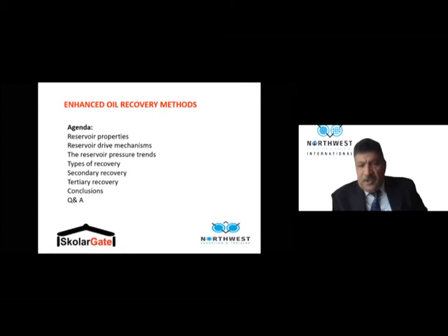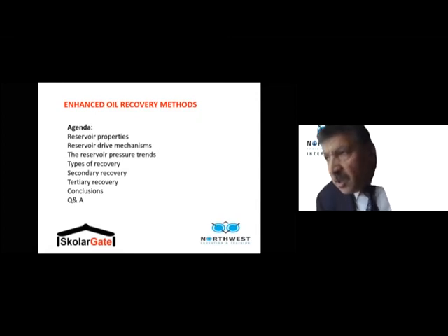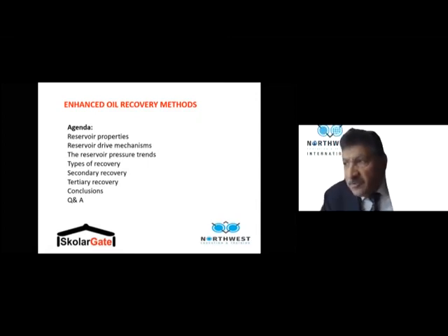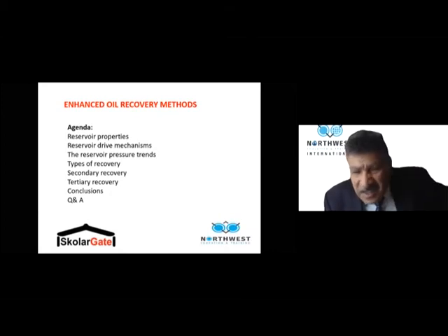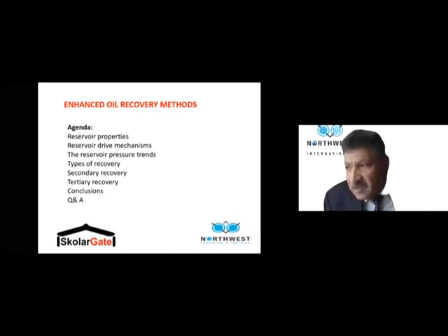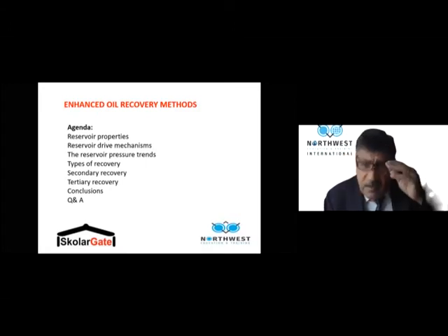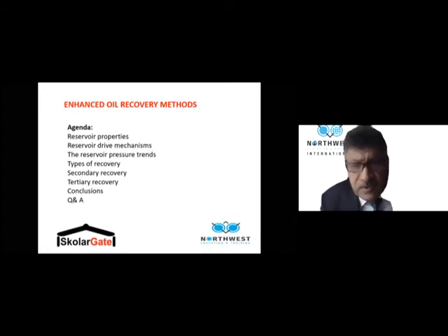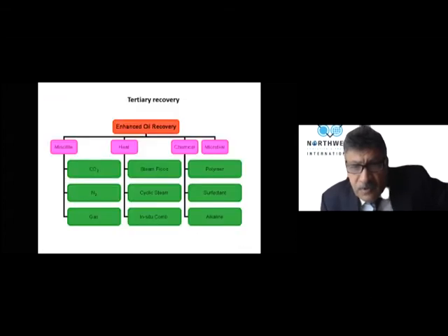Is it a water-wet reservoir or an oil-wet reservoir? Wet, W-E-T, that's important for me. Is it homogeneous or heterogeneous? Is it clean rock? Is there shale content and mud inside it or not? All these are important to know about your reservoir.